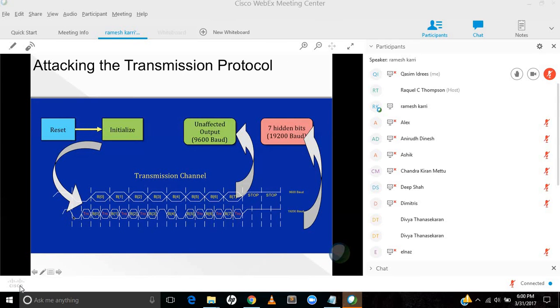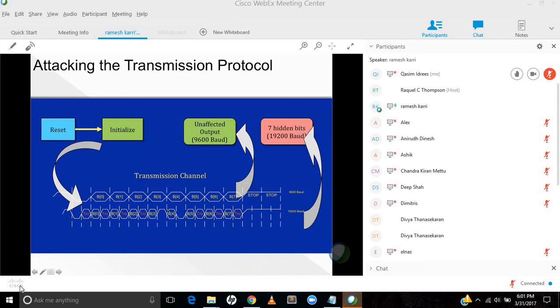Okay, anyway, so this is the normal operation of the transmission channel. This was the normal rate. Now imagine running this at a faster speed, 19,200 baud, right? Then you still have the same things, but you create for yourself some space to insert some covert messages. There are 7 additional bits, so you can double the thing.